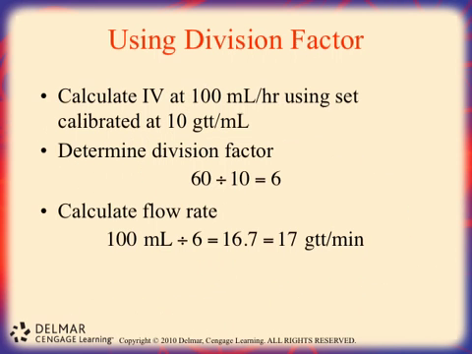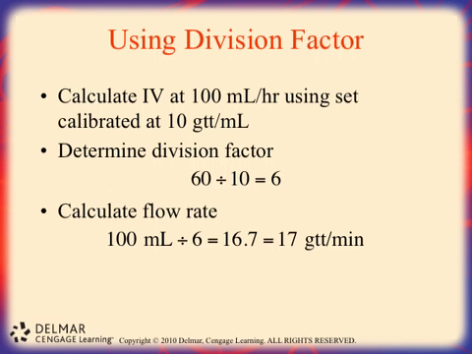Now in the last slide I worked that out using the formula method so you could see that the division factor method is basically the same. It's just removing those steps because you already have reduced the fractions.